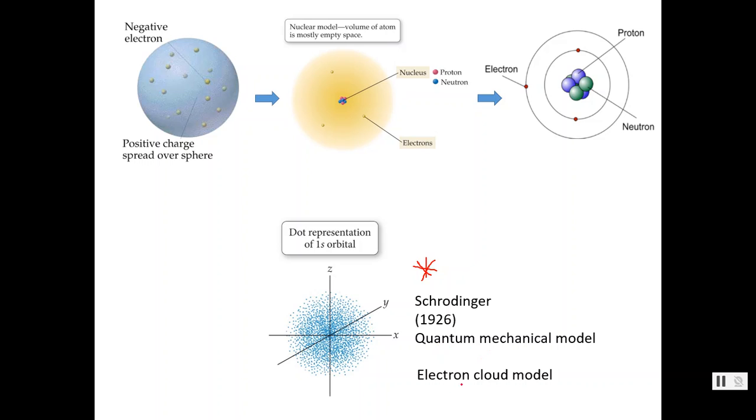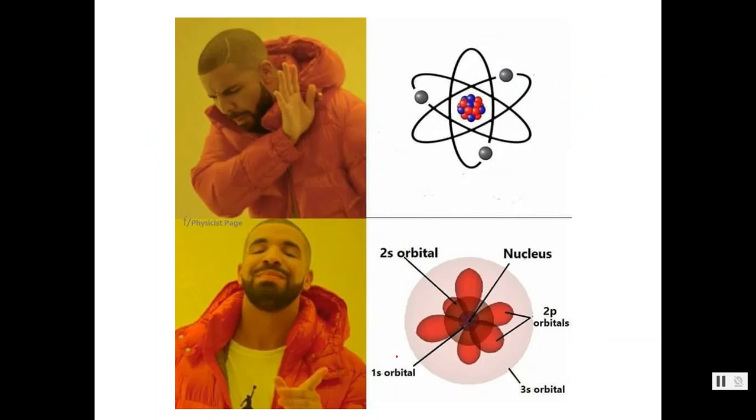This quantum mechanical or electron cloud model was derived by a very famous scientist called Schrödinger. This is the model that scientists use to explain where an electron is in an atom for atoms that have more than 1 electron. Not in terms of the Bohr model with specific paths, but in terms of probabilities, regions of space where it is more likely to find an electron.